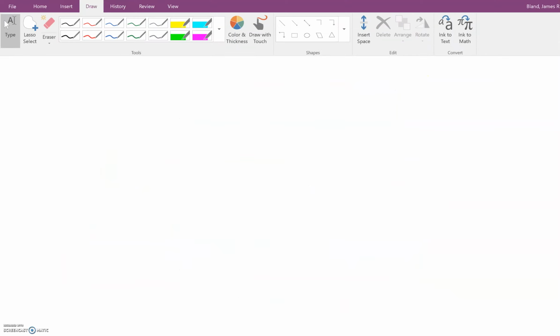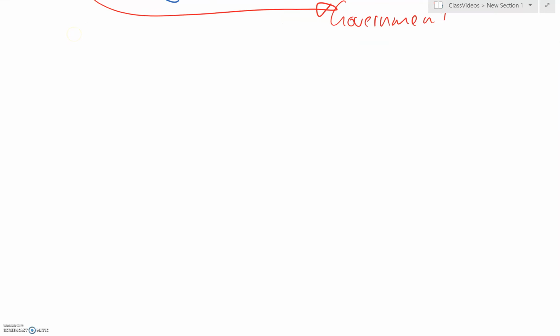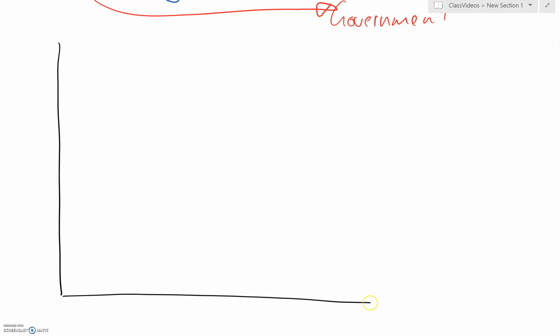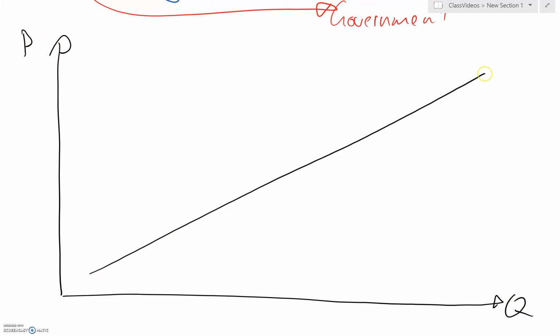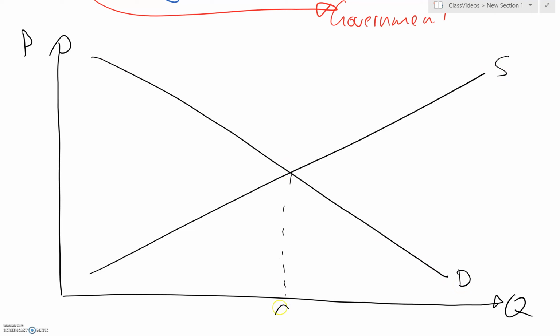Just as a quick recap, let's have a look at what this looks like on a supply and demand diagram. Here we go. We've got supply and demand, and without taxes, we would have had this quantity traded and this price traded.